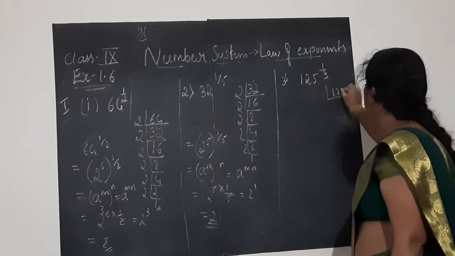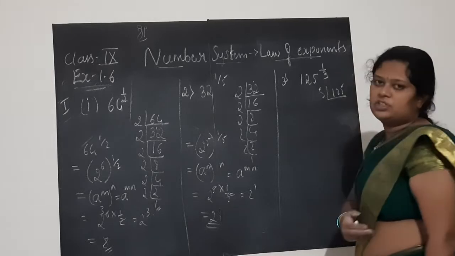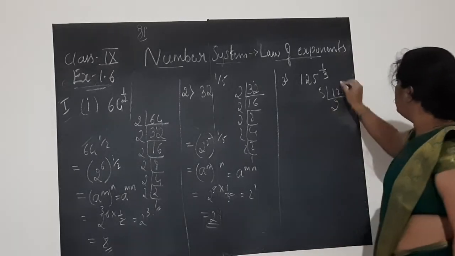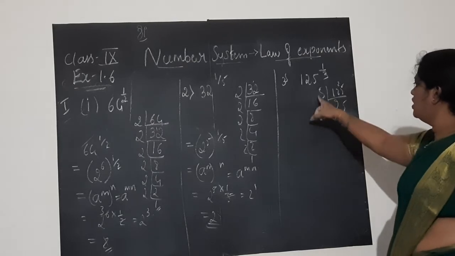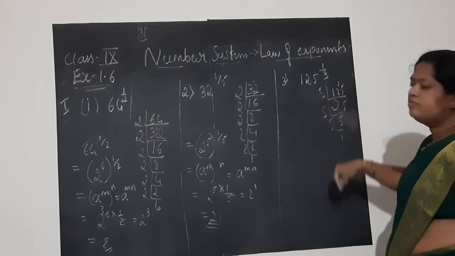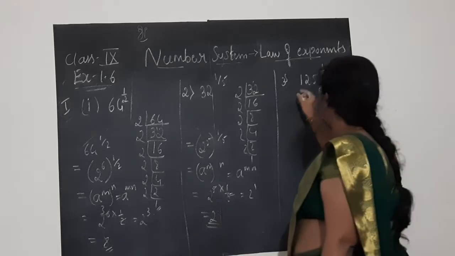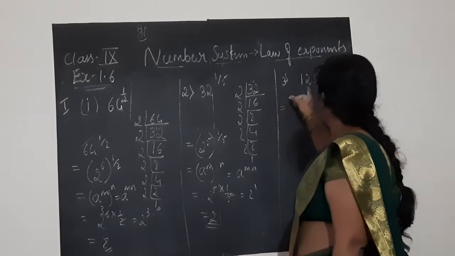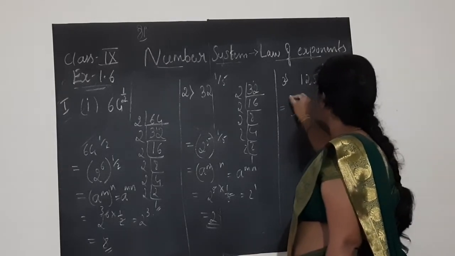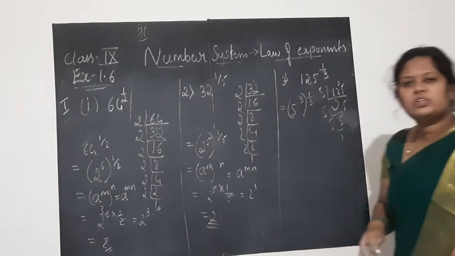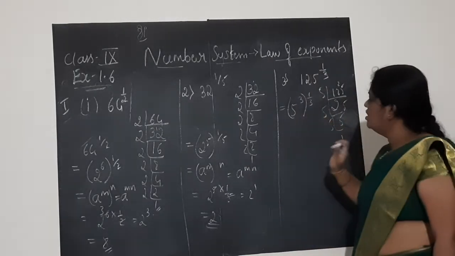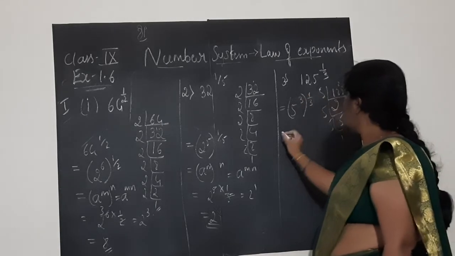125, LCM method. 5 table we shall start. 5 2s are 10, 2 remaining. 5 5s are 25, 5 5s are 25. Again 5 1s are 5, for satisfaction. So now 5 cube is 125, I can replace it by 5 cube whole to the power 1 by 3 as it is. See, the questions will be such that you get the terms same and you can cancel them.